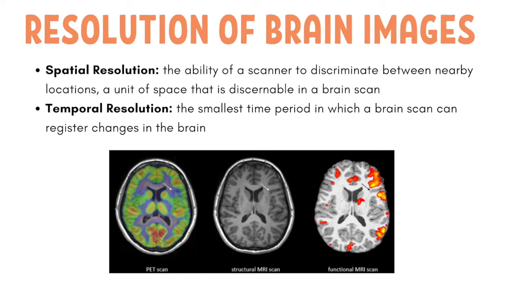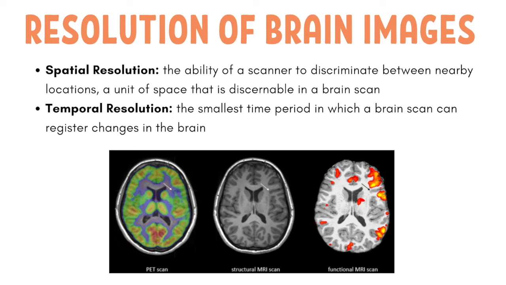Before we go into details about the two techniques that I mentioned earlier, I'd like to go over what resolution of brain images are. So there are two types of resolution: spatial resolution and temporal resolution. Spatial resolution is the ability of a scanner to capture differences between nearby locations or parts.